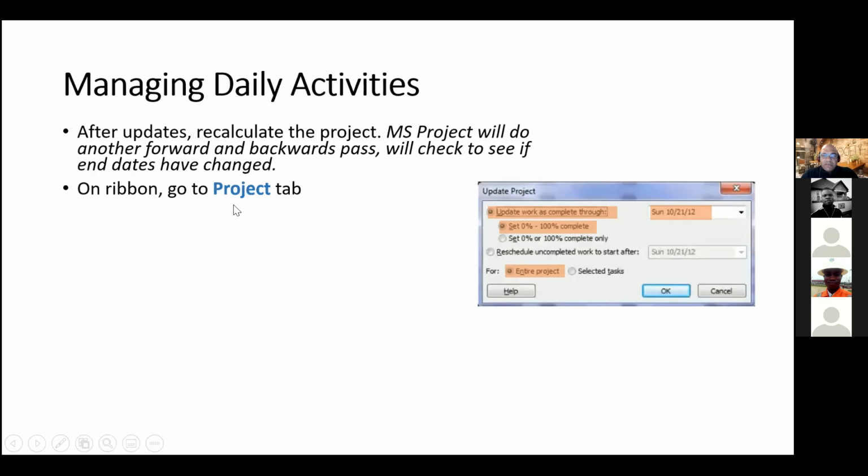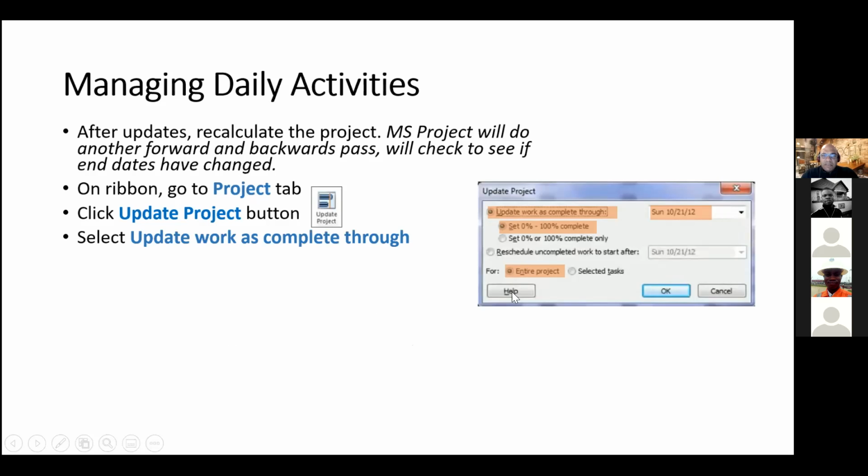So on the Microsoft Project ribbon, go to the Project tab, click the Update Project button, select Update Work as Complete Through. It's this one. Select yesterday's date.